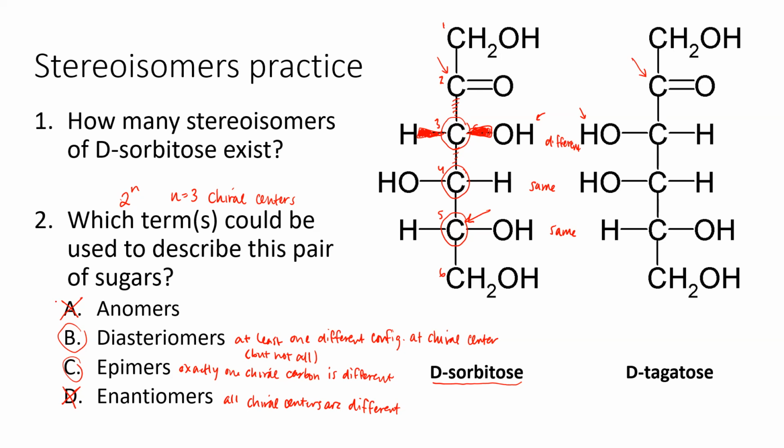So yeah, all epimers are diastereomers, but not all diastereomers are epimers, because epimers have exactly one difference. Diastereomers have at least one difference. So if it had 2 out of 3 different, it would be a diastereomer, but not an epimer. It would need all 3 out of 3 different to be an enantiomer. Does that help? Yep, thank you.